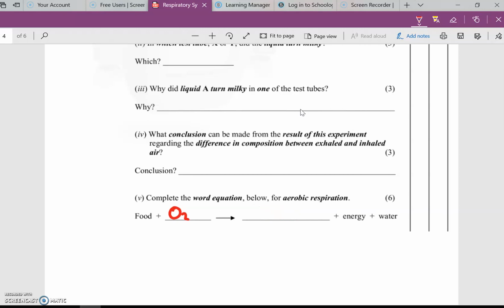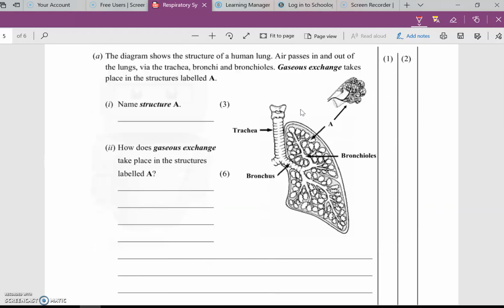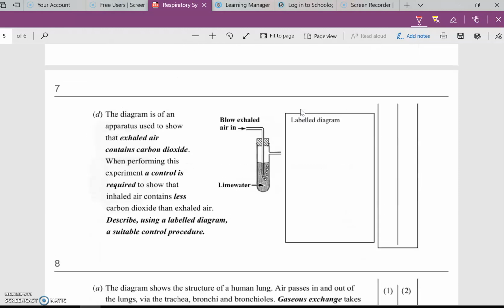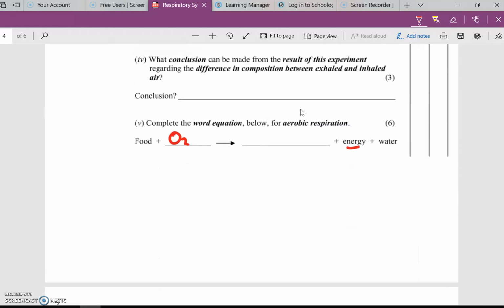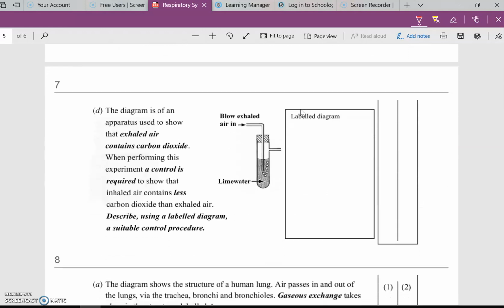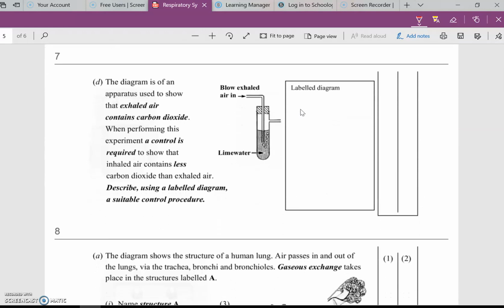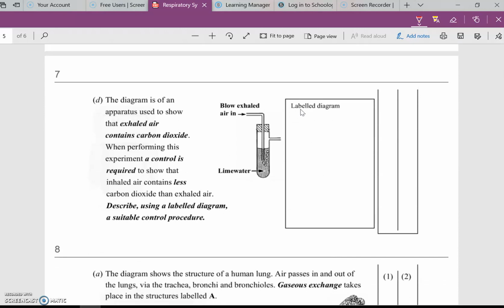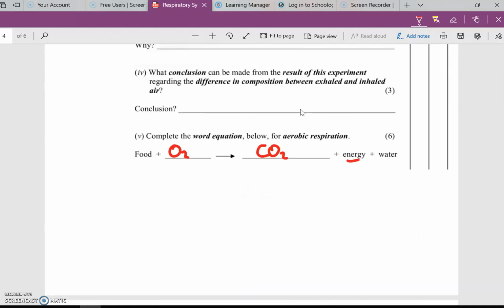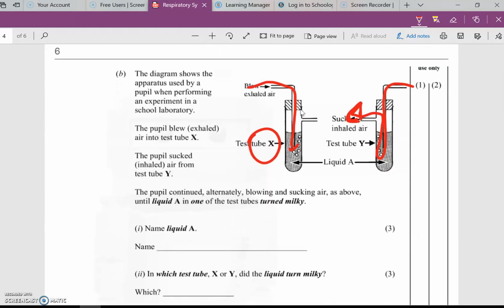Energy is glucose. So that's glucose there. So basically, we need oxygen to carry out aerobic respiration, and during that process, we produce carbon dioxide, CO2. Question 7 then.